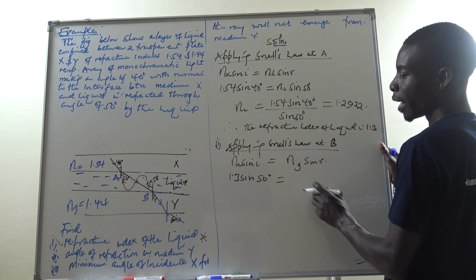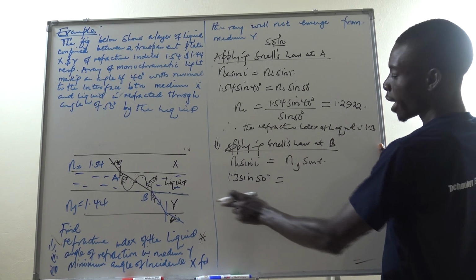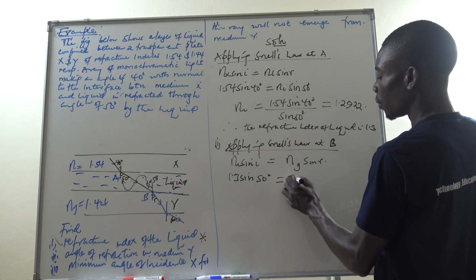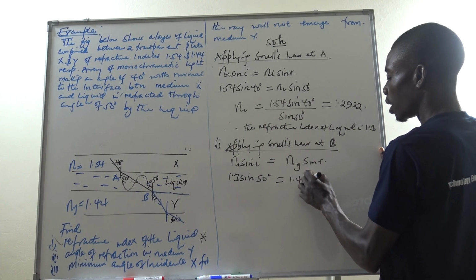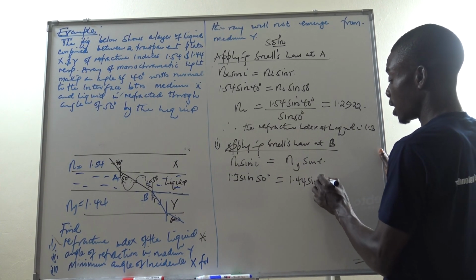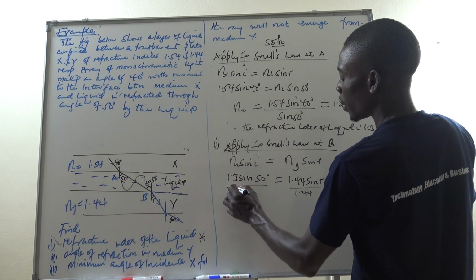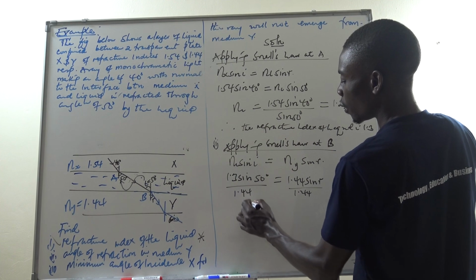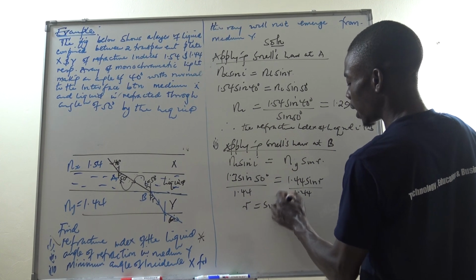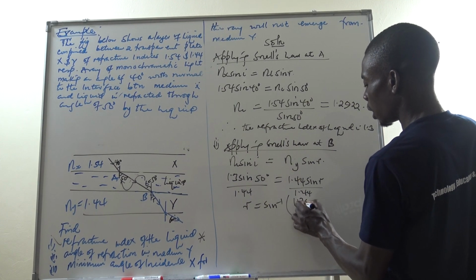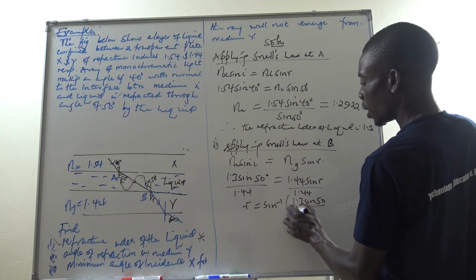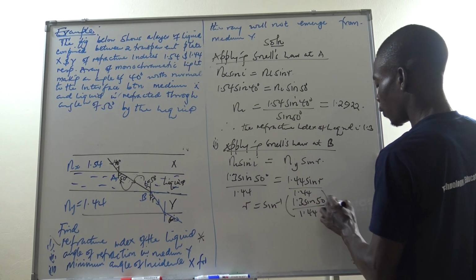And then my NY, I have it there as 1.44. And then sine R, that is needed. So you can divide by 1.44, divide by 1.44. R is now the sine arc of 1.3 sine 50 out of 1.44.